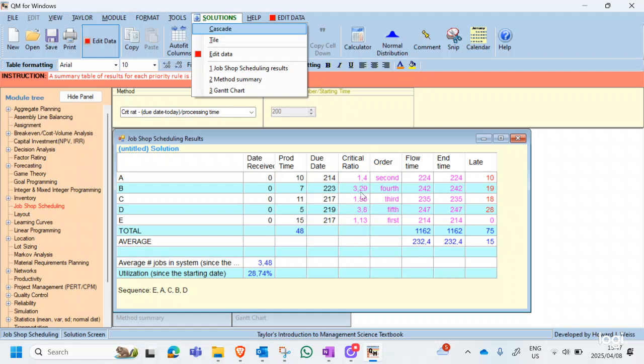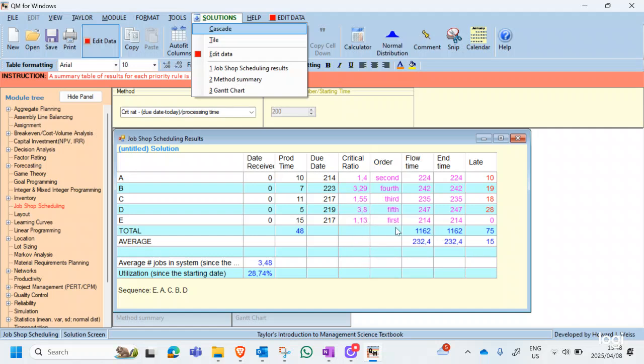As you can see, it managed to find the critical values, and the first one is 1.13, which is the same as mine. The second, 1.4, I believe is the same as mine. The third, 1.55, and the fourth, 3.29. Yes, we got 3.29. And the fifth one is 3.8.